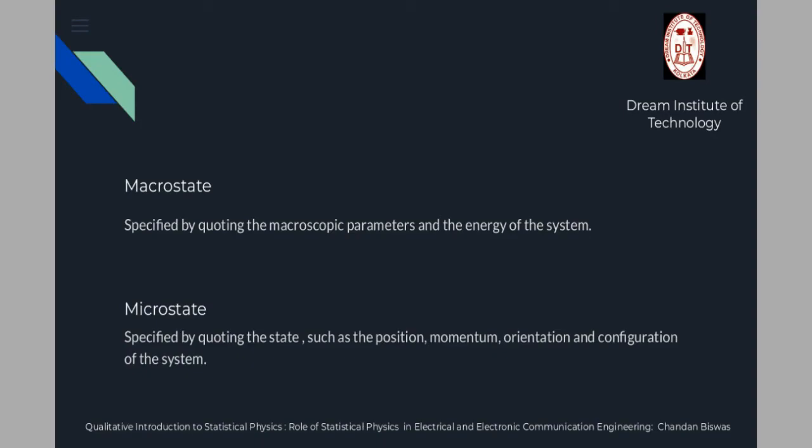The microscopic state or the microstate, also called the quantum state of a system of particles, can be specified by quoting the state such as the position, momentum, orientation and configuration of the individual particles. Since a large number of particles constitute the assembly or ensemble, macro and microstates can be correlated by applying statistical methods based on the theory of probabilities.